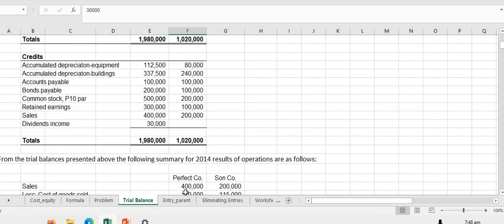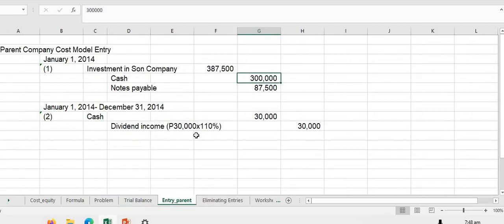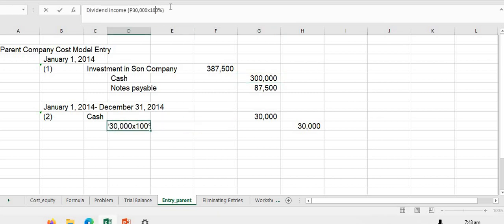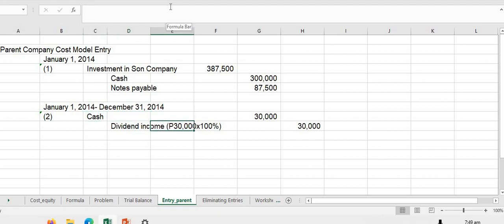Since this is a 100% acquisition, the dividend income reported, even as declared by the subsidiary, will be treated as income of the parent. Since it's 100%, all dividends declared by the subsidiary go to the parent. So the entry is debit to cash, credit to dividend income.